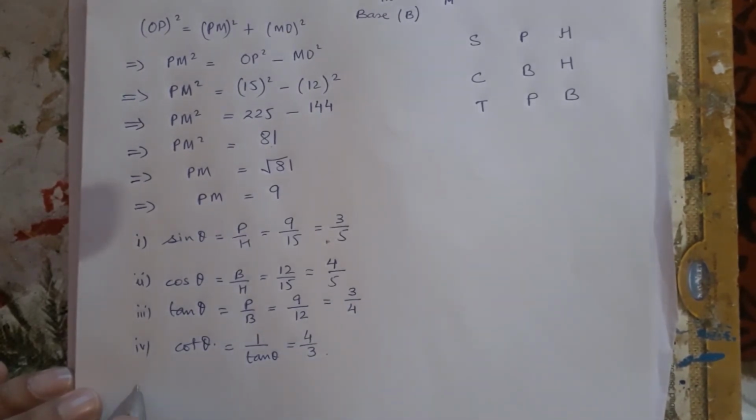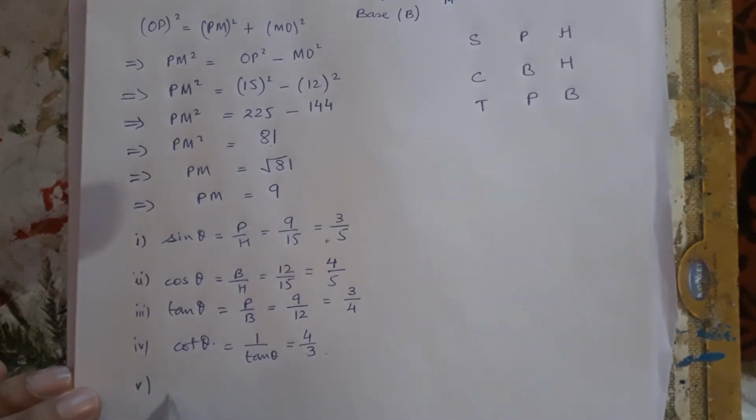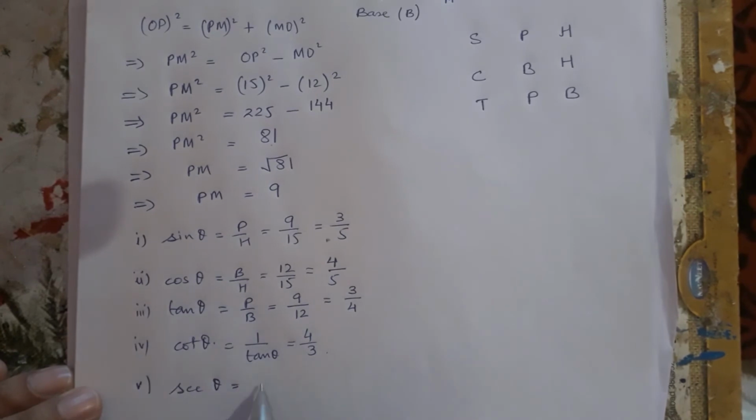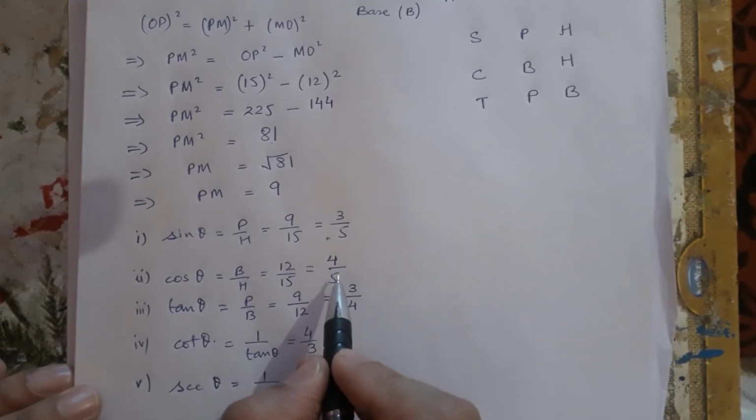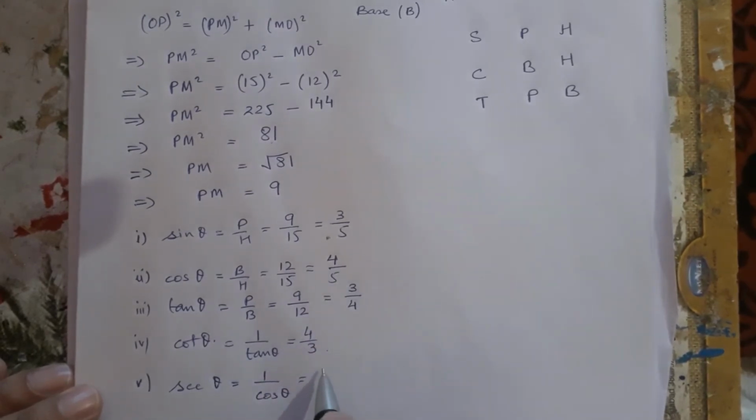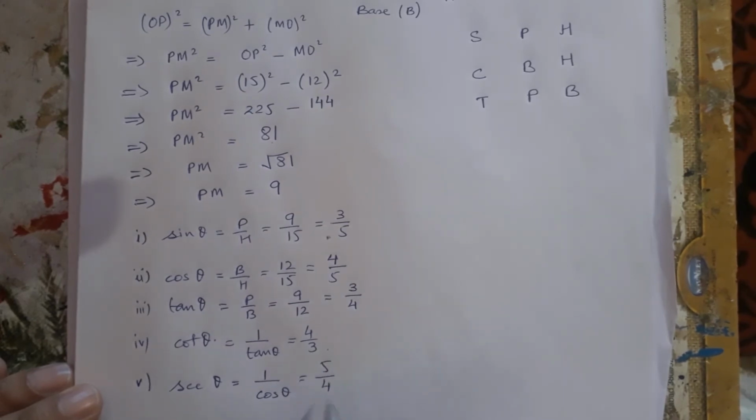Similarly, number 5 is sec of theta. Now sec of theta is the reciprocal of cos theta. And how much is cos theta? 4 upon 5. So how much do we write? 5 upon 4.